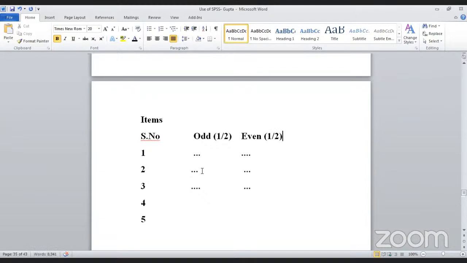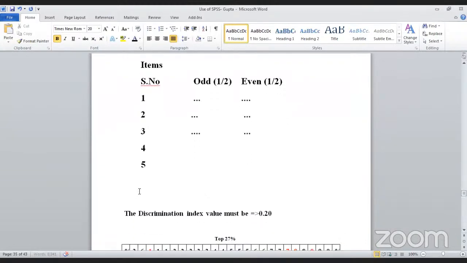So when you find out the correlation between odd and even, this will be the correlation between half and half.